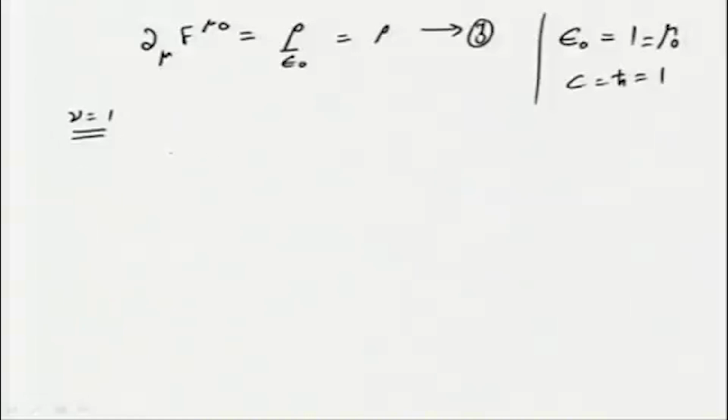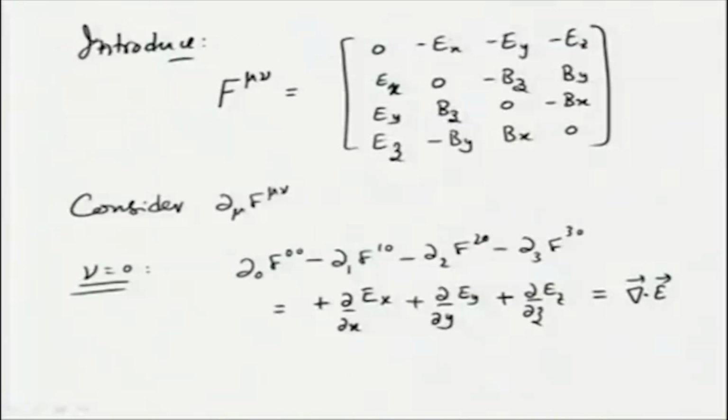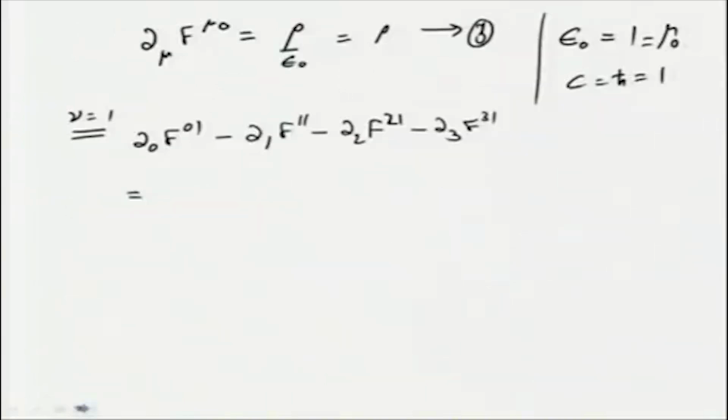So when nu equal to 1, we have dou 0 F 0 1 minus dou 1 F 1 1 minus dou 2 F 2 1 minus dou 3 F 3 1. This is equal to dou 0 F 0 1. F 0 1 is minus E x. Dou 0 is dou by dou t, so minus E x.